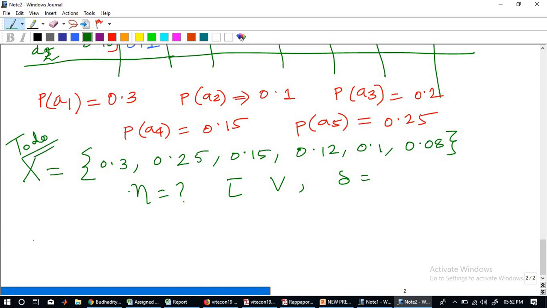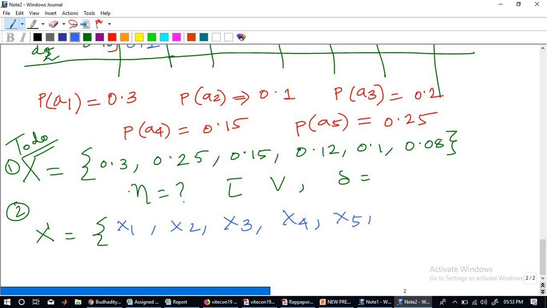And the other one is, this might be a little tricky. This is problem number 2 actually. Given X as X1, X2, X3, X4, X5, X6, X7. So 7 symbols are there.